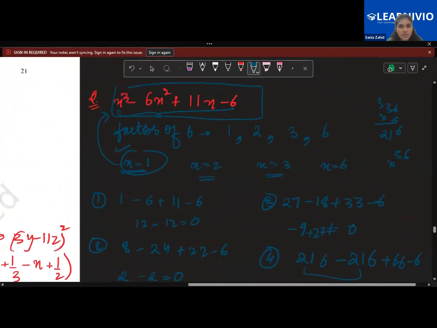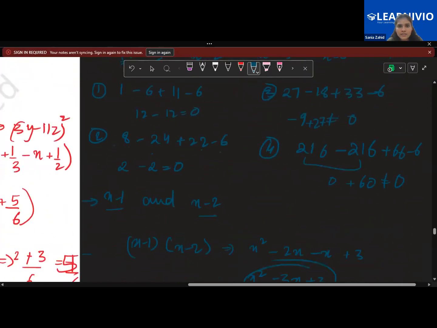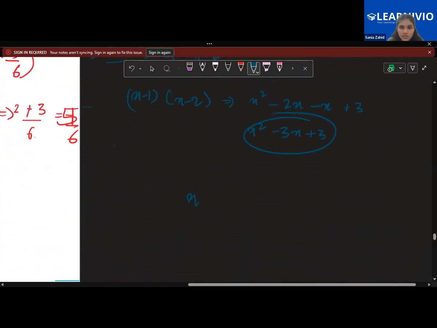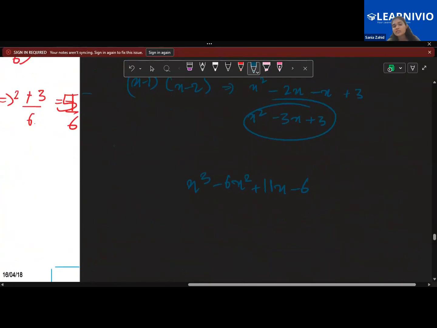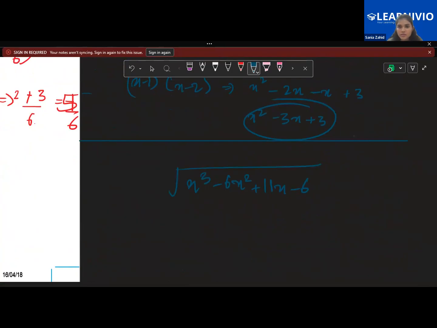So the question was x cube minus 6x square plus 11x minus 6. Children, all of you understood till here, right? Yes, ma'am.